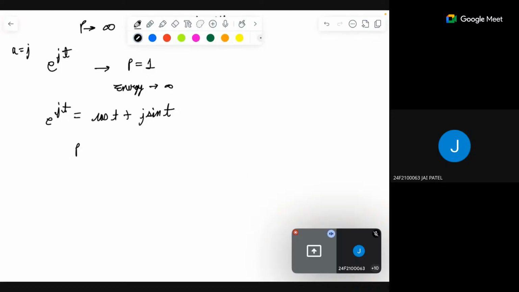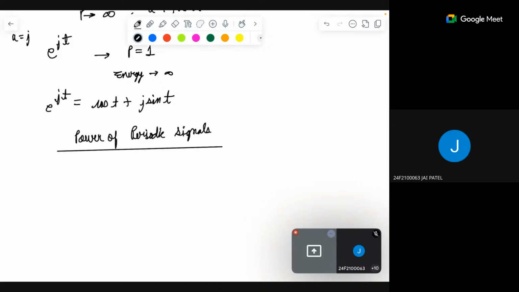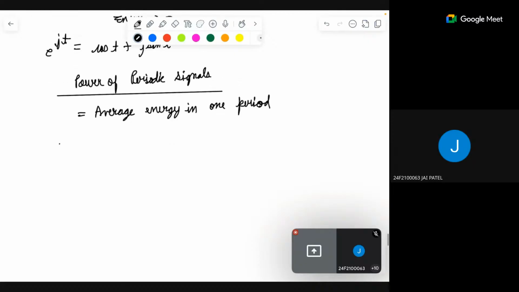Okay, now let us move to power of periodic signals. When we talk about periodic signals, the power of a periodic signal is the average energy in one period. So E of x divided by T is what I said.